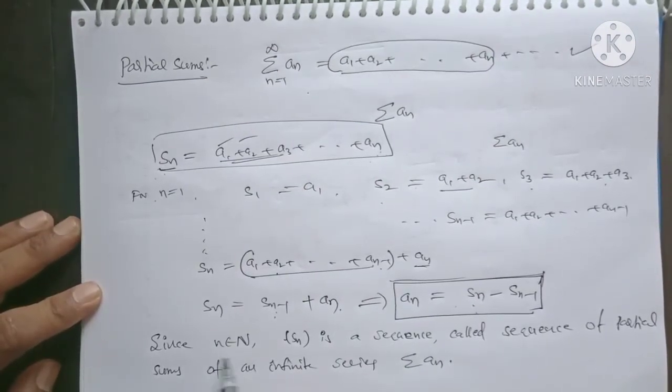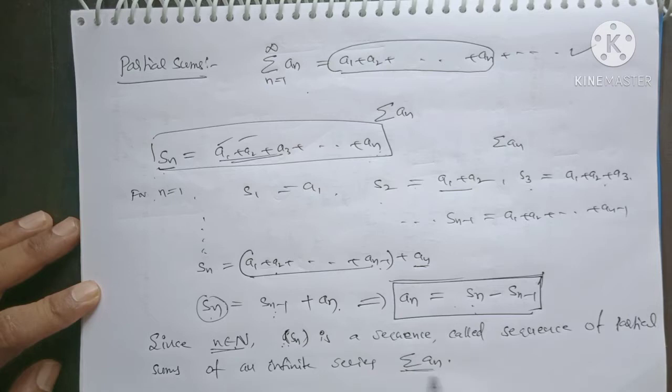Since n is a natural number, Sn is a sequence. Here Sn is the partial sum of the series sigma an. This is called the sequence of partial sums of the infinite series sigma an.